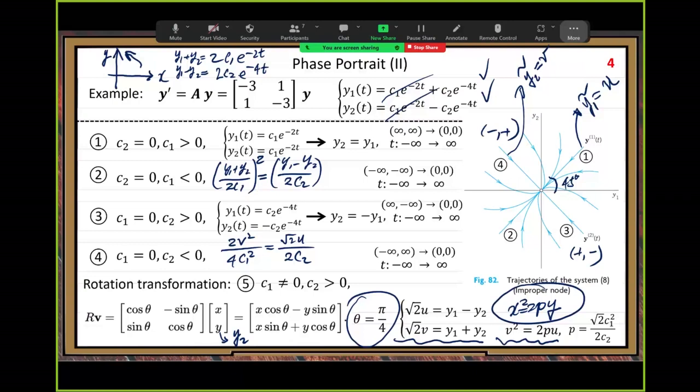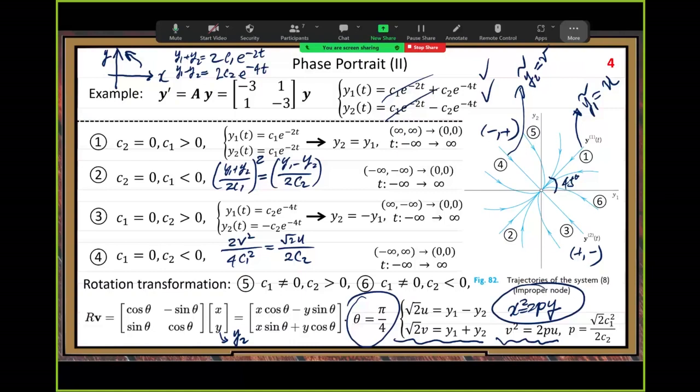Similarly, when C2 is negative, it opens down. So that's case 5; case 6 is C2 negative.